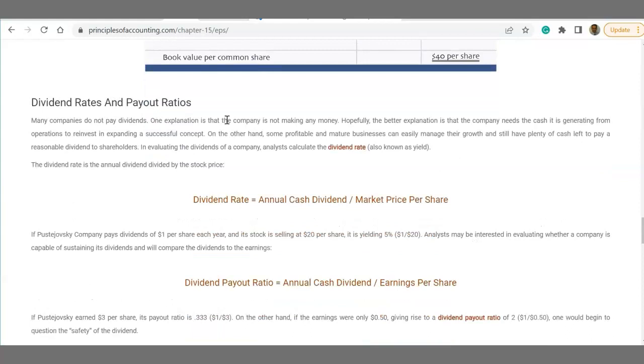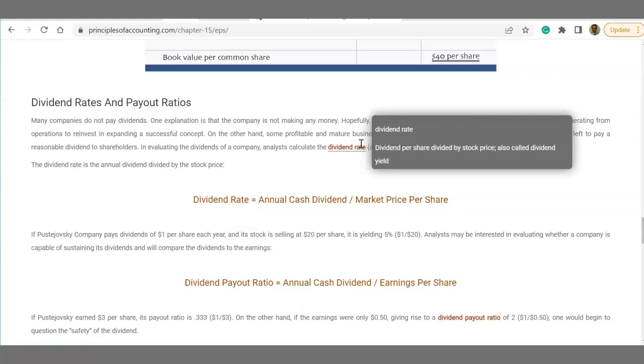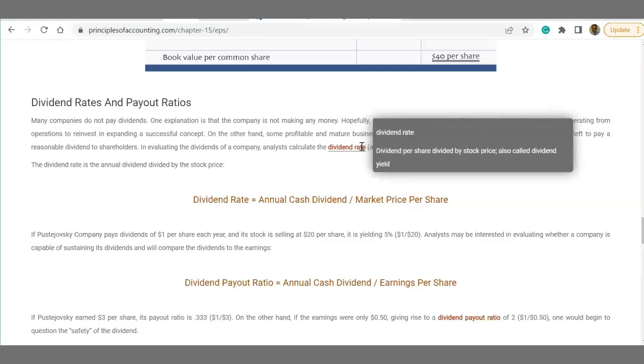Dividend rate and payout ratio are very important. Dividend rate is dividend per share divided by stock price: how much dividend you get per share for every $1 of stock price. They also call it dividend yield, which I told you to put in your PowerPoint presentation.